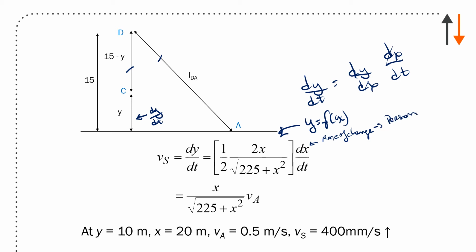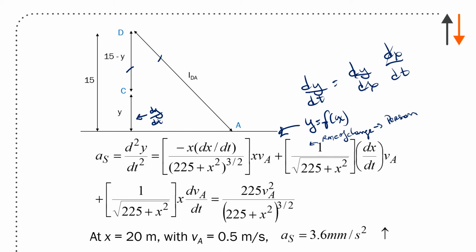I can do the same thing for dy/dt, and do all of the same sort of conversions, writing it in terms of dx/dt. And I end up with an acceleration of 3.6 millimeters per second squared.